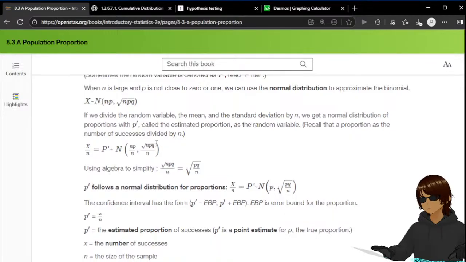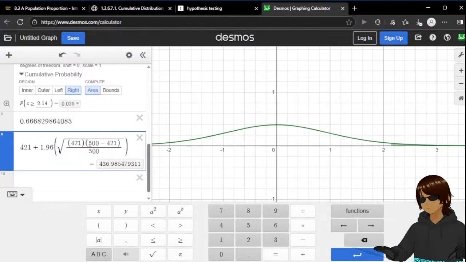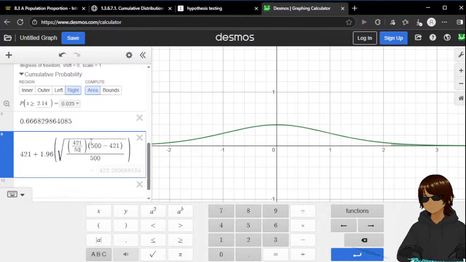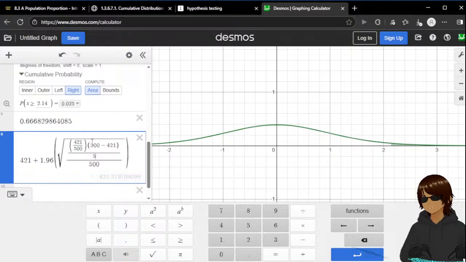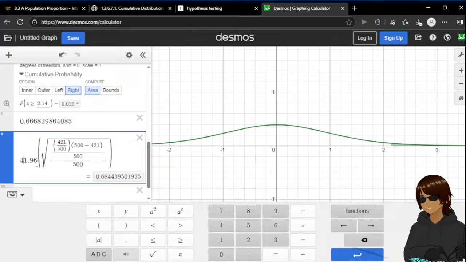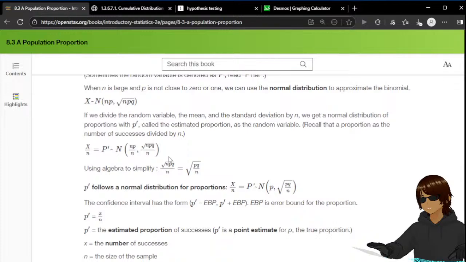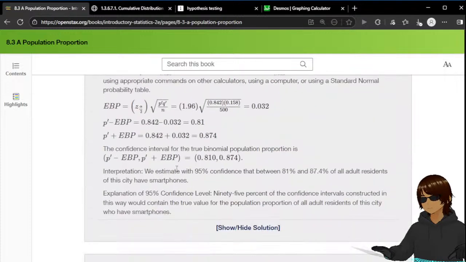Okay, let's say we are calculating this. So PQ over n. So P is 421 over 500. Q is this thing over 500. And then all of this divided by 500. Then I get 0.0319.